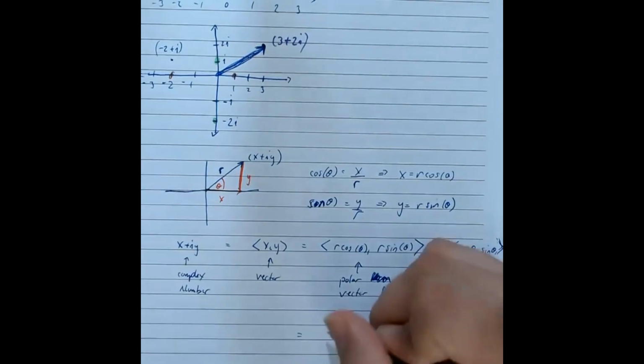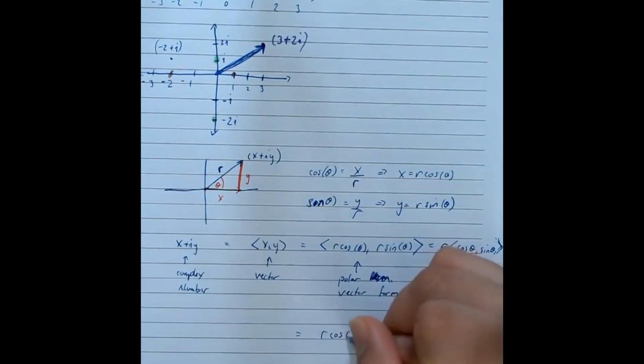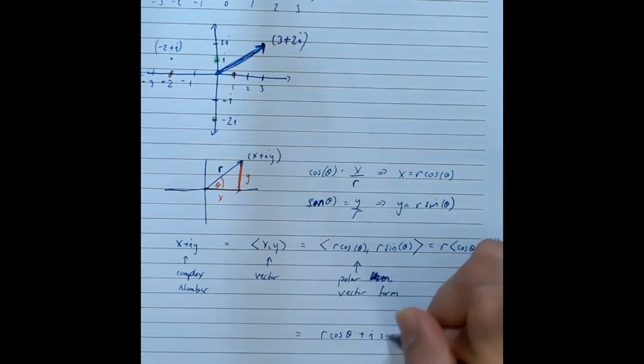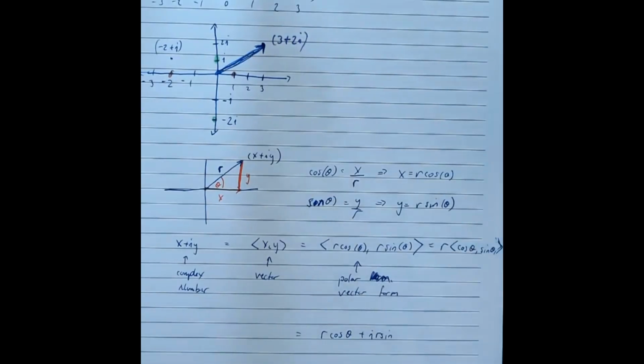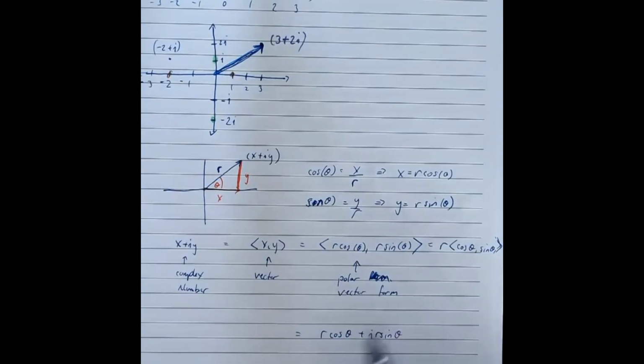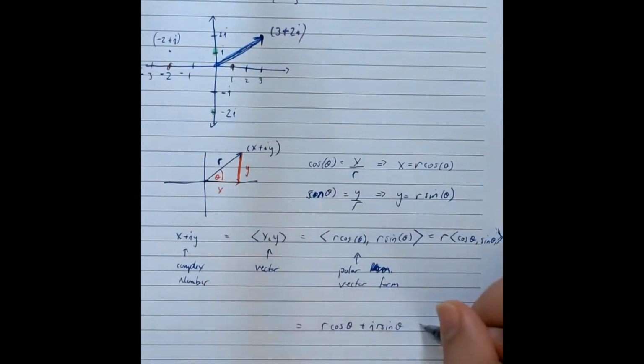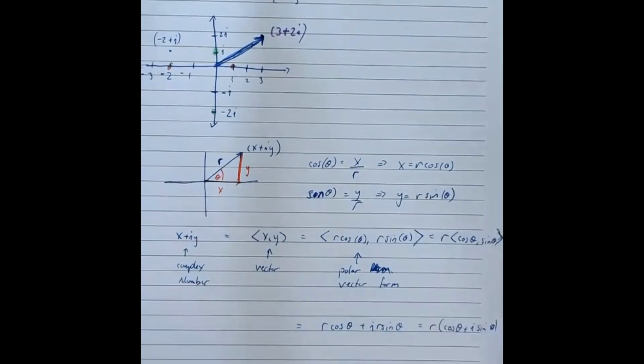So here this is going to be r times the cosine of theta plus i r sine of theta. Or again, since r is a common factor, we can factor that out, and that gives us r times the cosine of theta plus i sine of theta. And this is the polar form of the complex number.